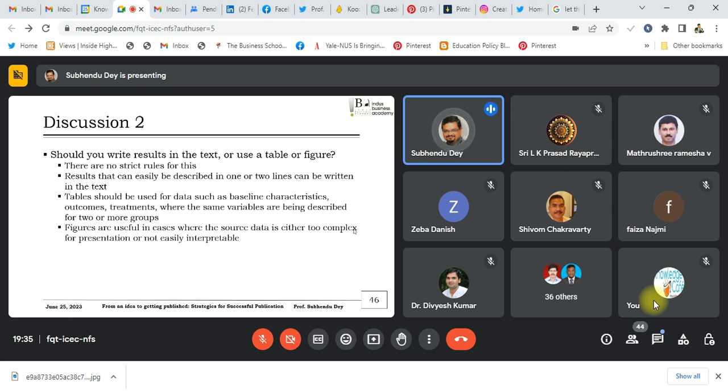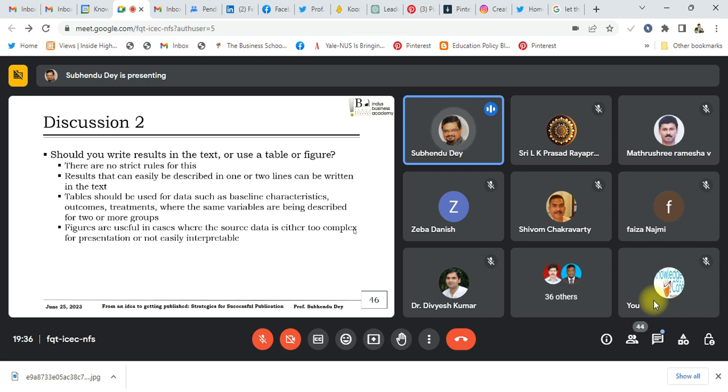Use tables, use figures, and these are very useful when you have to convey something very complex, and you find that there is an easy way to convey the message. Many times we say that pictures are very easy to decipher and understand. So that's the case here also.